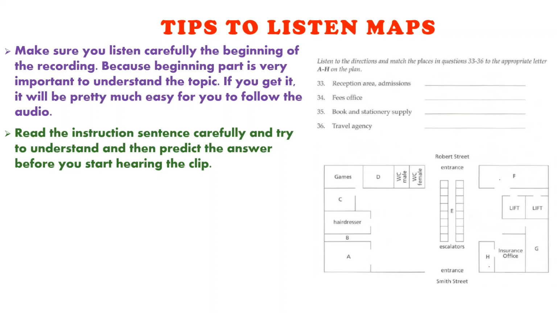So: reception area, admissions, fee office, book and stationery supply, travel agency. When you look at the reception area, the entrance is here. You know that the reception area will be near the entrance, because by using common sense, we know that when we enter any office, the first thing we see is the reception or query desk, where we ask where is this, where is that.